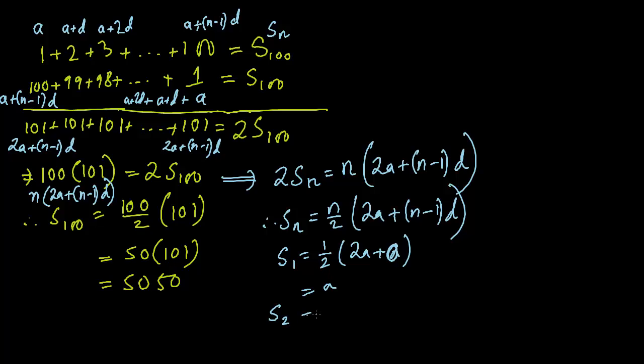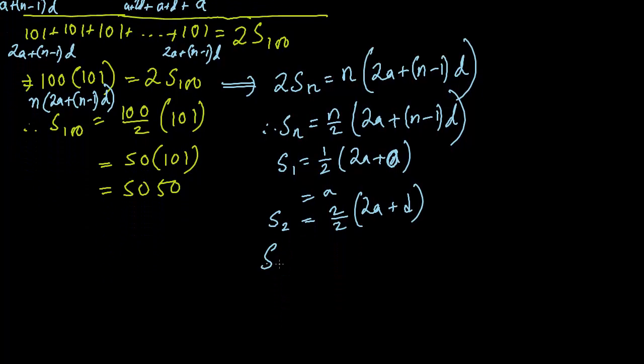If it is S2, you get 2 by 2 times (twice a plus 1d). Then S3 would be 3 by 2 times (twice a plus 2d), and so on.